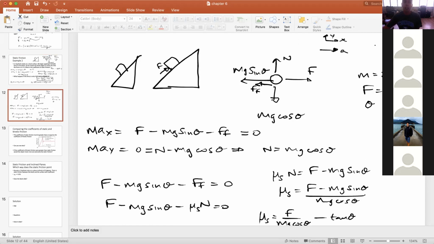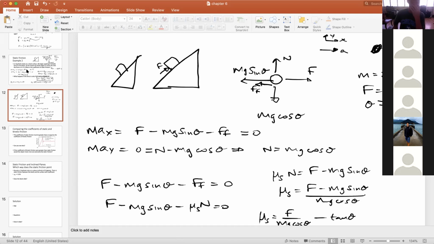Let's assume that this thing has an angle of 20 degrees. I might have screwed this up. I got sidetracked on something. If that were the case, will this even work? 6.1 divided by 2 times 9.81 times cosine of 20 minus tan of 20. Okay, so that's actually not going to work.